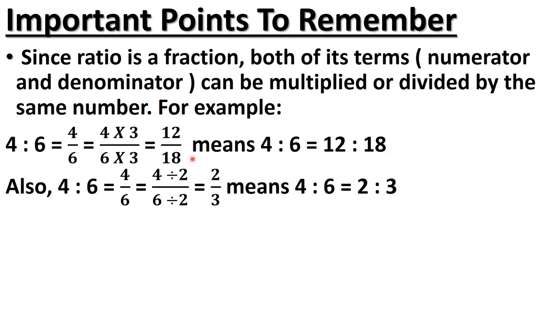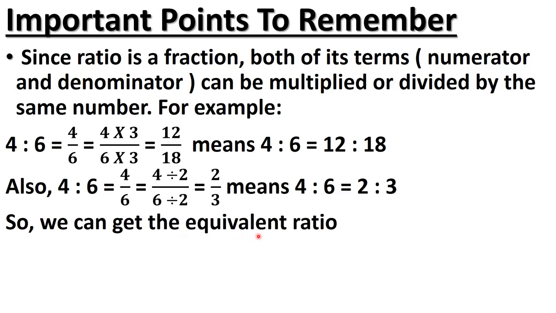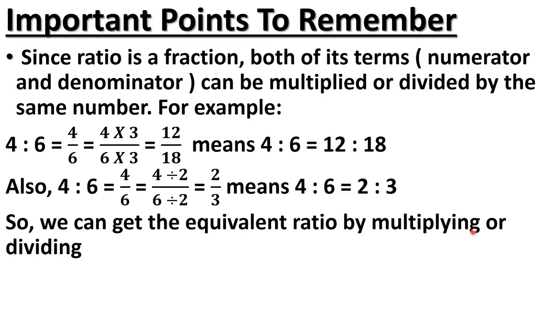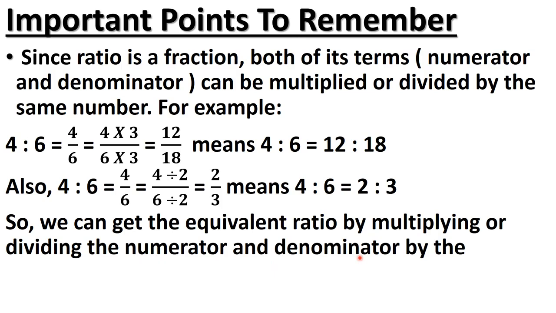In the first we multiplied to get the equivalent ratio, and in the second we divided to get the equivalent ratio. So we can get the equivalent ratio by multiplying or dividing the numerator and denominator by the same number. Okay?